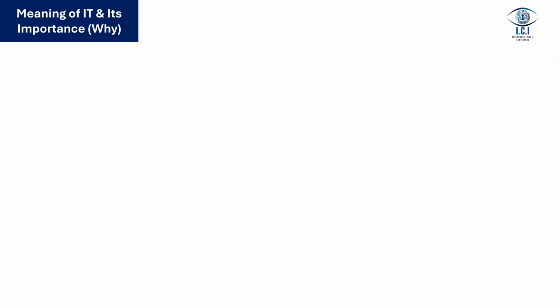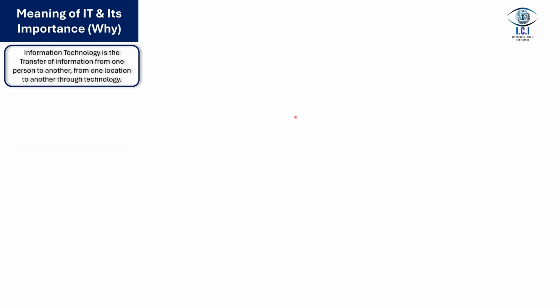In a nutshell, we can say that information technology is the transfer of information from one person to another, from one location to another through technology. This brings us to some questions.